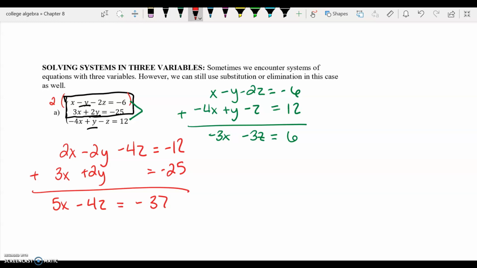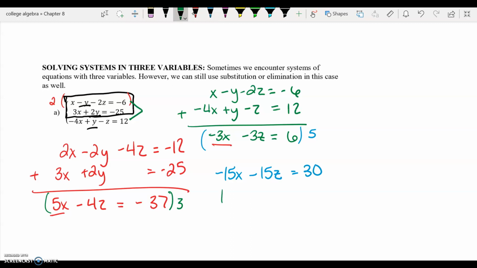Get rid of another variable. I'm going to get rid of the x's because one's positive, one's negative already. So this time I got to multiply both equations. I'm going to multiply this one by 3 and this one by 5. So when you do that, you get negative 15x minus 15z equals 30.